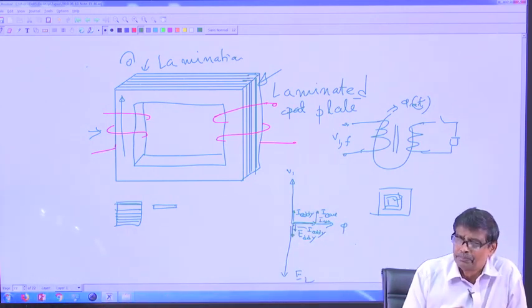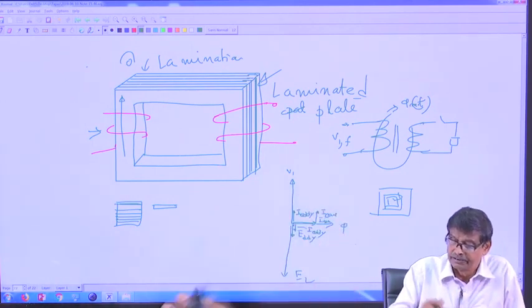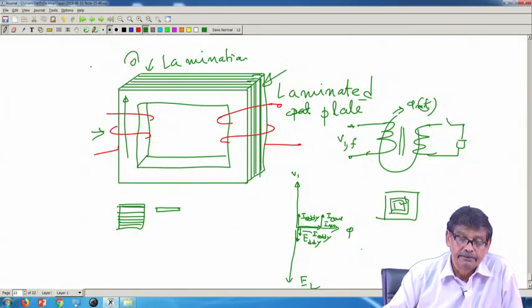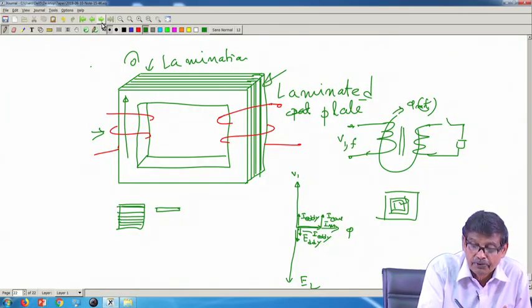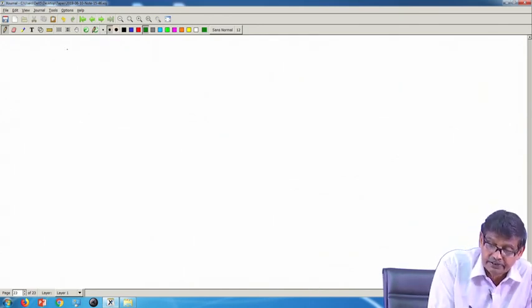It can be physically interpreted like this. Now, I will come to this complete phasor diagram slightly later. Before that, I will tell you something about another component of the loss, that is called hysteresis loss.